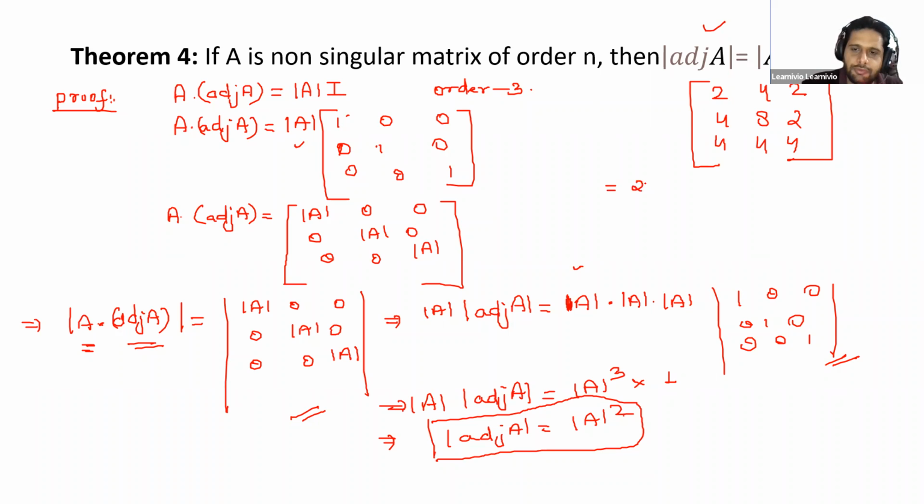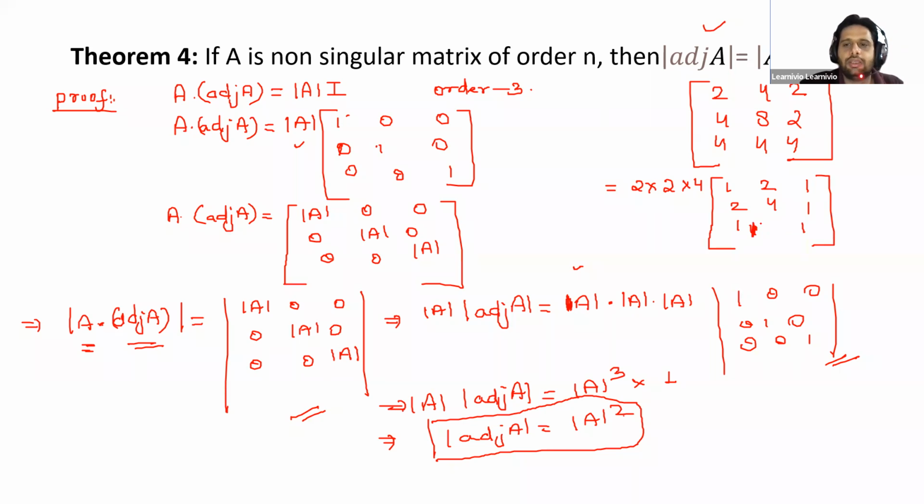From the second row, what can we take common? 2. From the third row, what can we take common? 4. Okay, so this is 1, 2, 1, 2, 4, 1, 1, 1, 1.